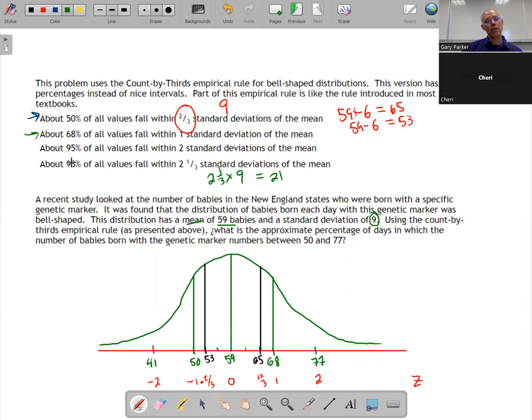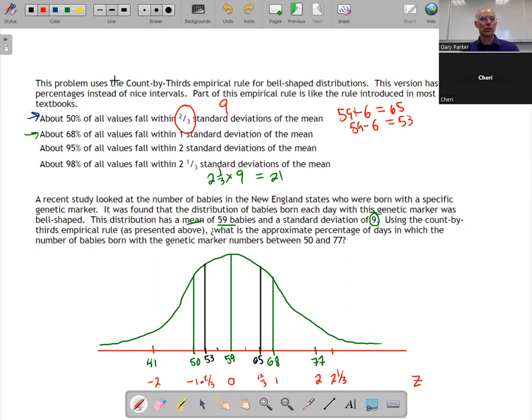So that means 98% of the data should be within 21 of the mean of 59. So maybe 2 1/3 is about right here. 59 plus 21 is 80.